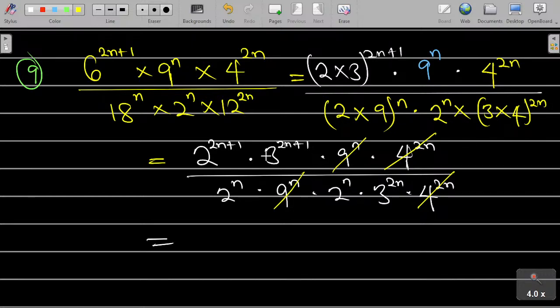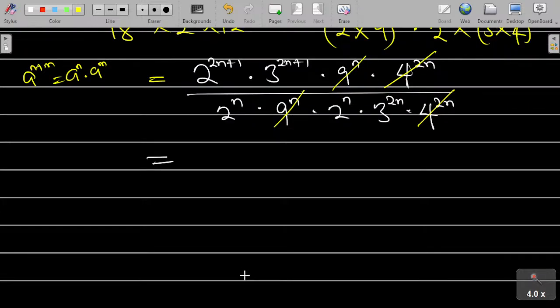However, in the numerator I will need to split them. You know, you can write a to the power n plus m in the opposite direction, and that will give you a to the power n times a to the power m. So I'm going to be splitting the numerator now. So you have 2 power 2n times 2 power 1 multiplied by 3 power 2n multiplied by 3 power 1.